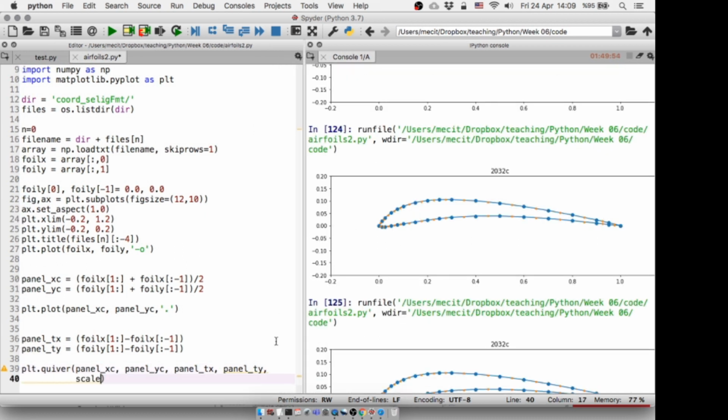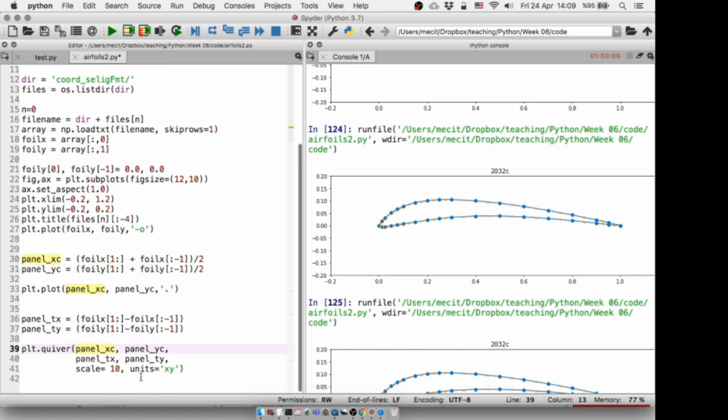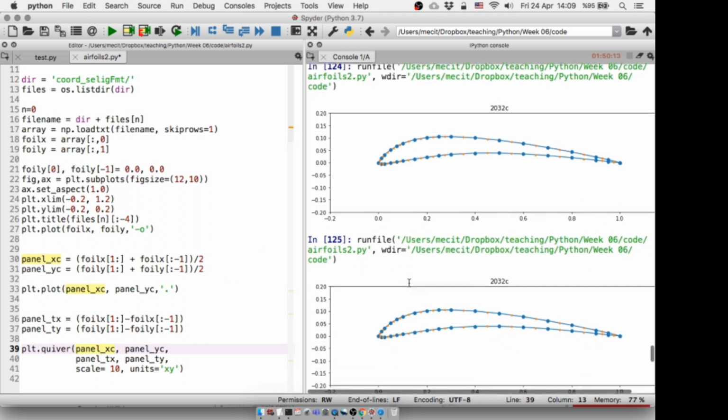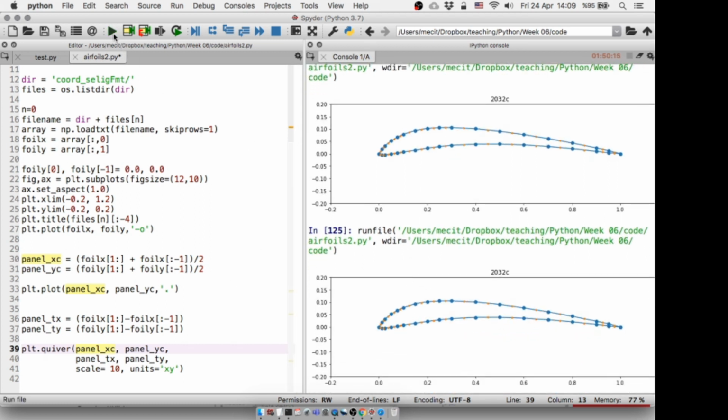And the scale, I think we can begin with this one, and then find the right one next. So panel coordinates, vector components, and the other parameters. So let's run.